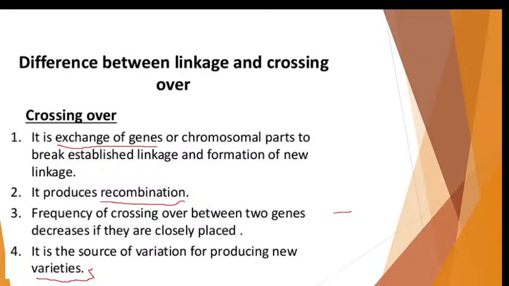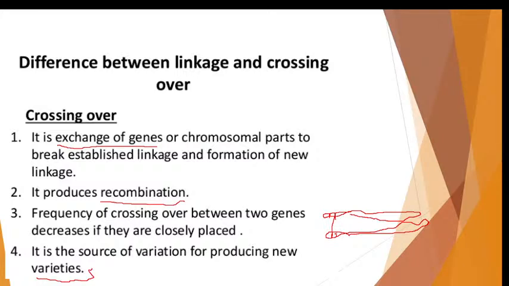But just see one thing. If these are two homologous chromosomes, and if these two are the linked genes, and a crossing over occurs like this, of course there will be a separation of the linked genes.